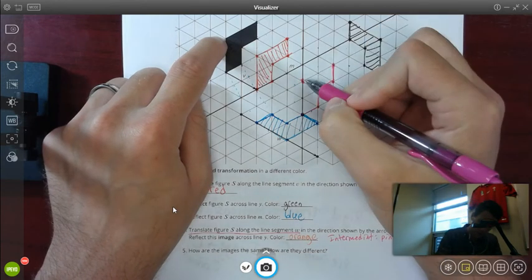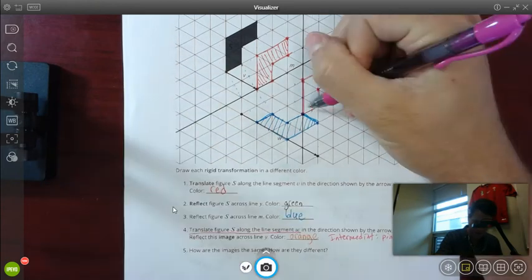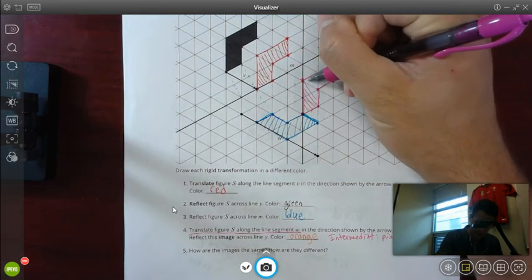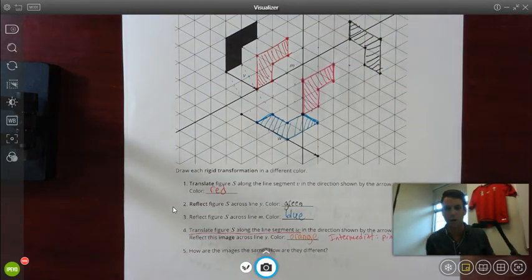And so we've drawn our translation first in pink. So that is part one of what is known as a sequence of transformations, which all that means is doing more than one transformation at once.